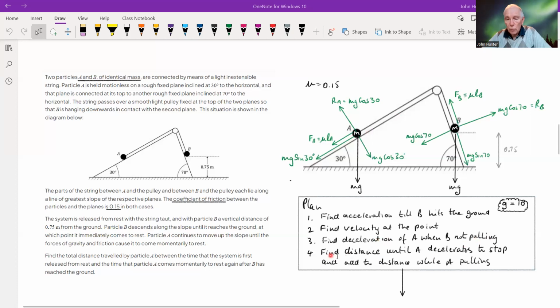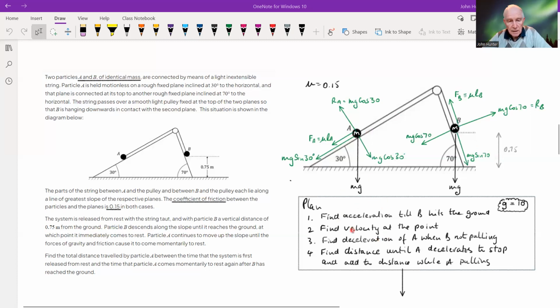And okay, then the fourth part, like the second part, is a bit of kinematics. Find the distance that A travels, decelerating to stop, and then we add on the distance that B has traveled down here. Now, of course, this distance down the slope is not quite the same as the vertical distance, but we'll come to that.